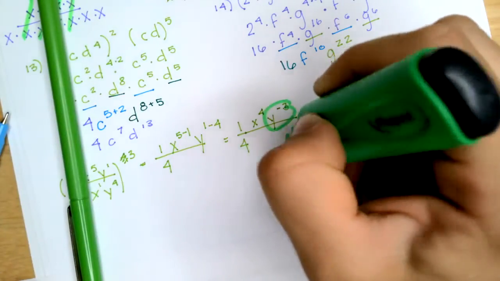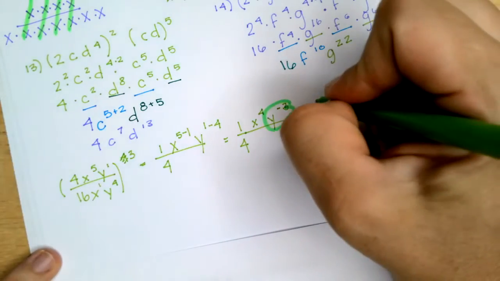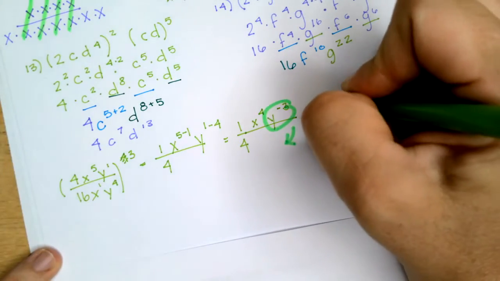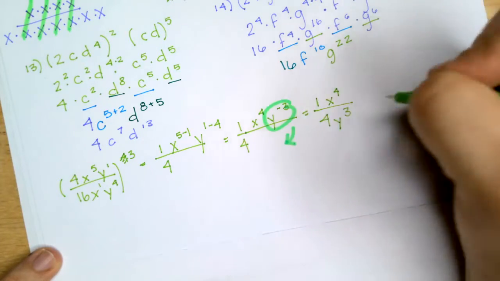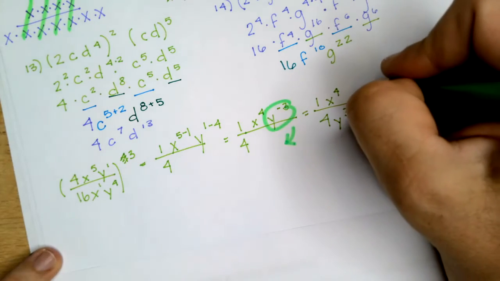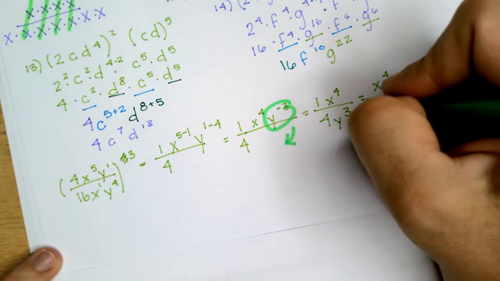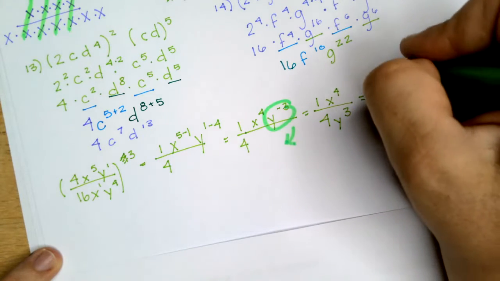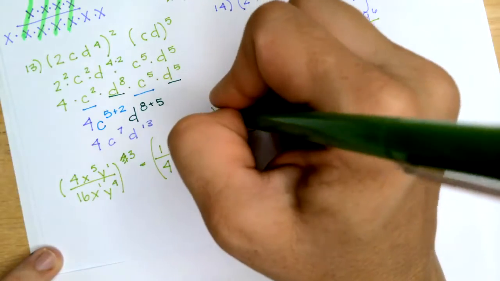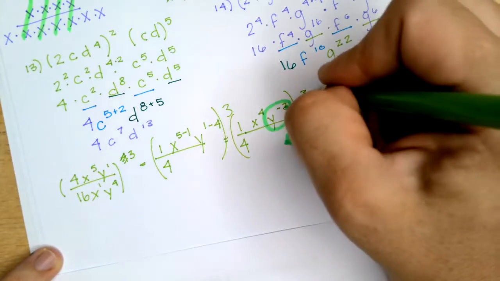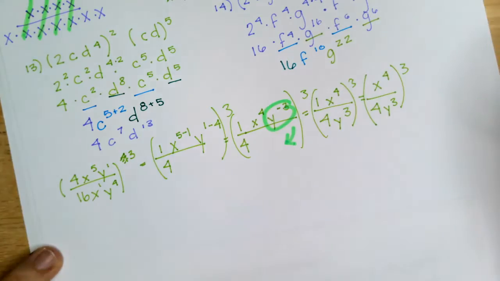So now I need to move this one down. So that's 1x to the 4th over 4y to the 3rd. I don't really need that 1 anymore, so it's just x to the 4th over 4y to the 3rd. Sorry, this was all raised to the 3rd power. Forgot about that. Good.